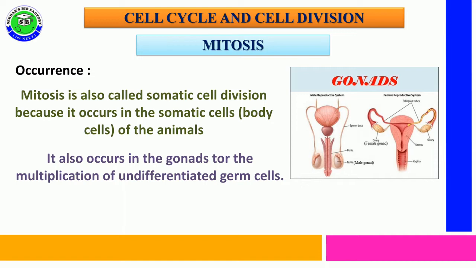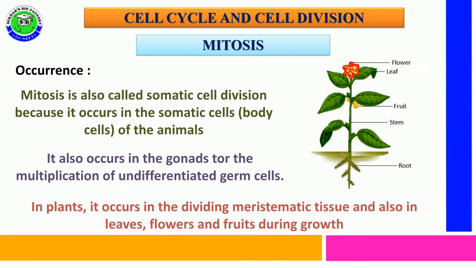In these gonads, mitosis division takes place to multiply undifferentiated germ cells. Along with that, in the plant body, the meristematic tissue is the main site for mitosis division. Mitosis division can also be seen in young leaves, flowers and fruits for growth.